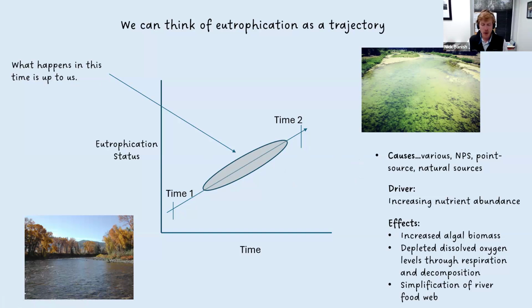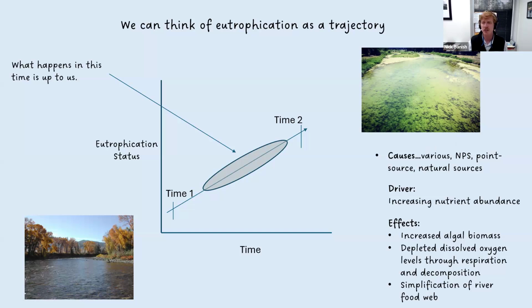Okay, so one of the main ways that eutrophication, or nutrient enrichment, manifests is increasing algal abundance driven by this increased nutrient abundance, right? So we see down the road large blooms of benthic algal biomass.